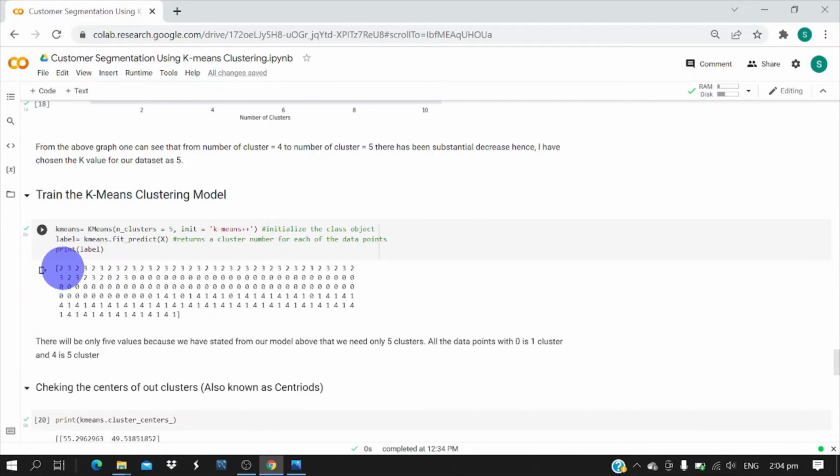Remember, when I checked the shape, there are 200 data points, so here there are 200 points. Mind you, there's a 0 here, but there are five clusters that I've chosen. So what this means is 0 is 1, 1 is 2, 2 is 3, 3 is 4, and 4 is 5. So it represents each of the data points.